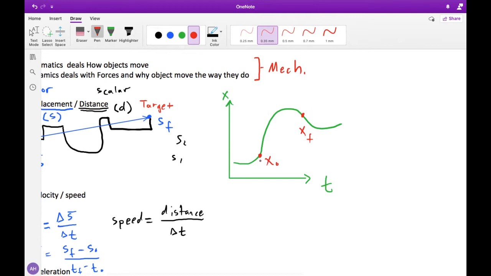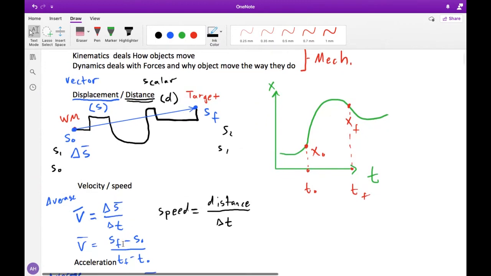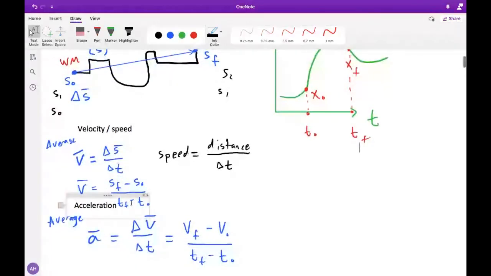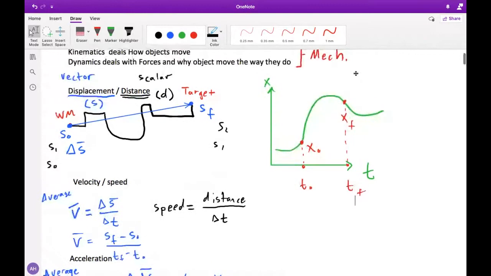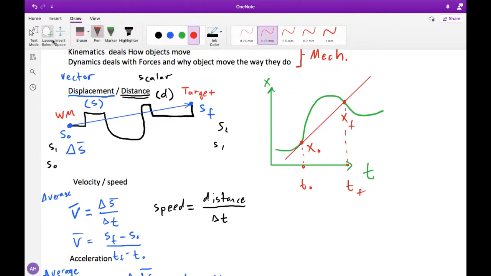Using both of these points and the times, T initial and T final, we can find the average velocity, which is the final position minus the initial position divided by the change in time. That gives us a slope, and that line represents the average velocity here.